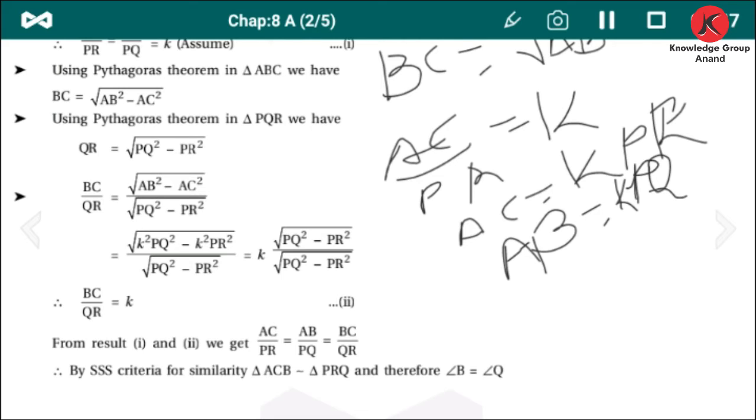Therefore, BC upon QR is equal to K. From result 1 and 2 we get AC upon PR is equal to AB upon PQ is equal to BC upon QR. By SSS criteria for similarity, triangle ACB is similar to triangle PRQ, and therefore angle B is equal to angle Q.